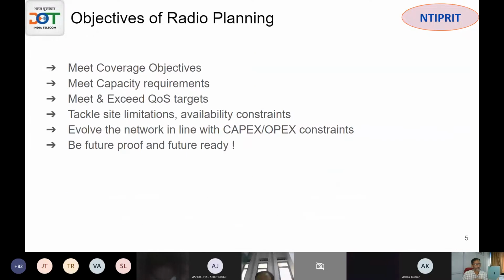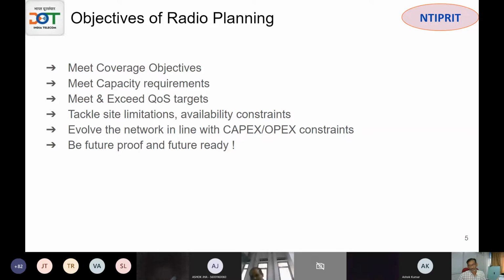So to summarize, you have got coverage objectives, you have got capacity requirements, you have got QoS targets to meet. Call drop has become a subject for parliament debates in our country. So QoS in a very competitive environment, with a very service-sensitive, quality-sensitive clientele, is very important.